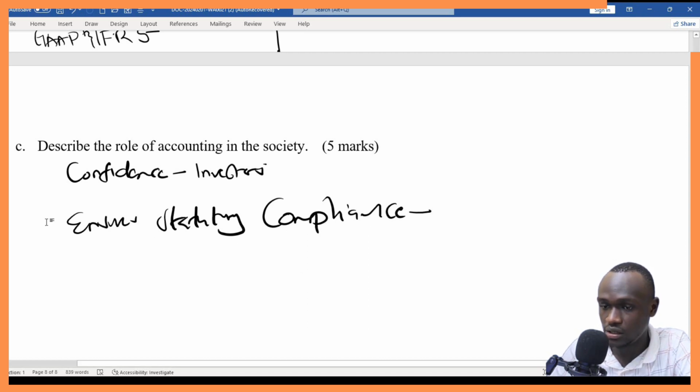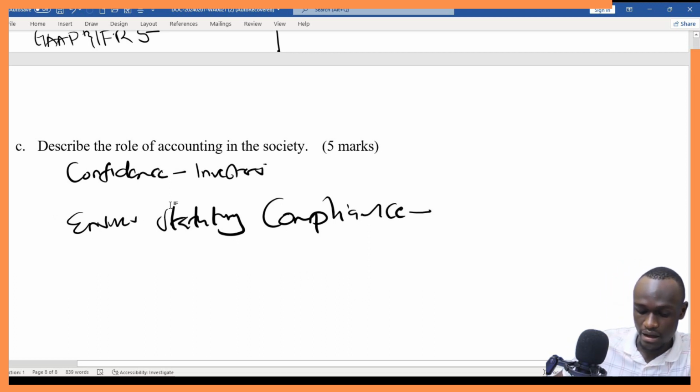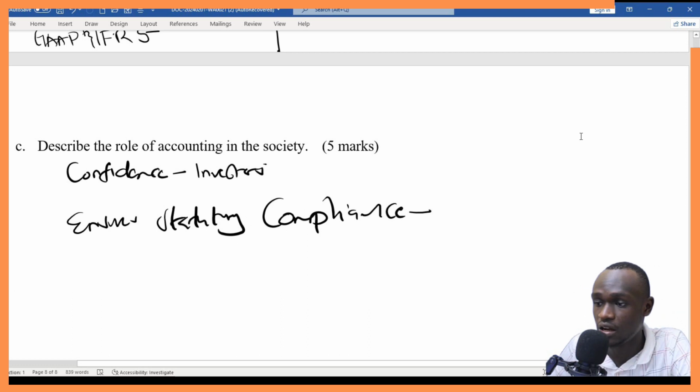So it helps businesses to fulfill their tax obligation and comply with the tax laws. And in the process, it helps the government to collect revenue.